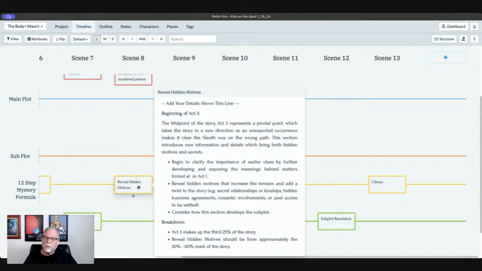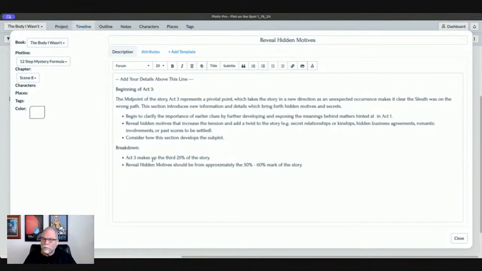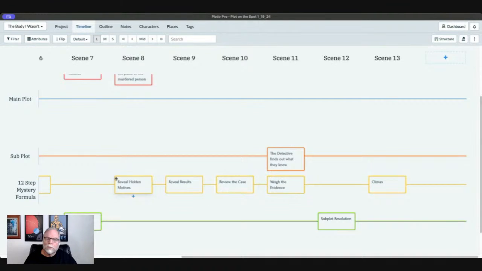Now, that's probably somewhere around here, around the beginning of Act 3, is where suddenly we find some hidden motives revealed. This is probably where the detective discovers there is a secret.